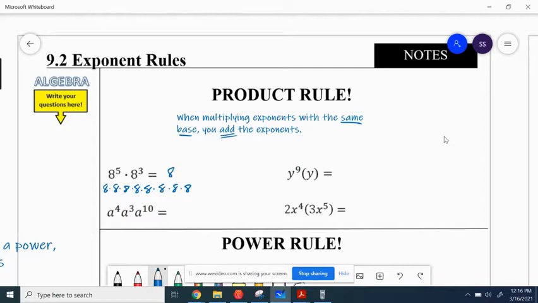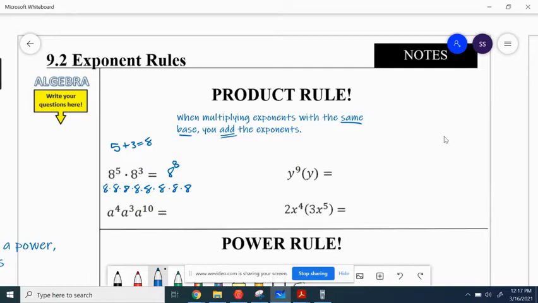So rather than writing that all out, what we can notice is I can get a shortcut. If I just add the exponents 5 and 3, I get 8. Okay, so that is why our rule is to add the exponents when you are multiplying.